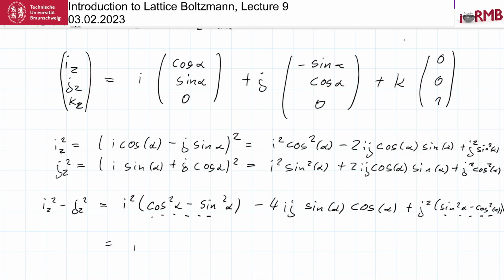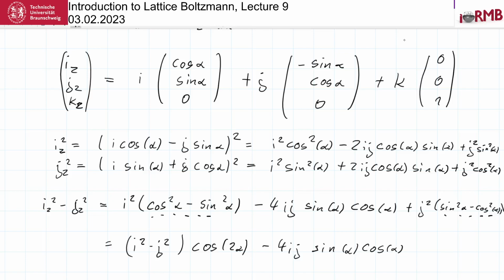So then there is sine square minus cosine square. You can look this up in this book, or you can ask Wolfram Alpha, or nowadays you do it this way probably. So we have twice the same thing, just with a different sign. So this is why I have I square j square, and this together gives you cosine 2 alpha. So this translates to cosine 2 alpha minus 4ij sine alpha cosine alpha.